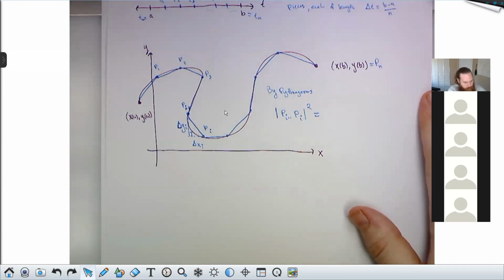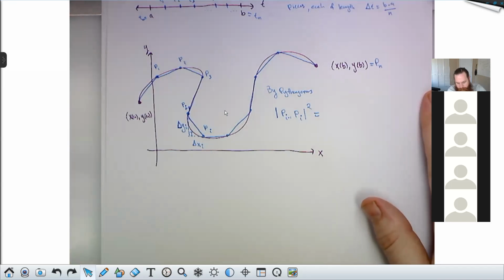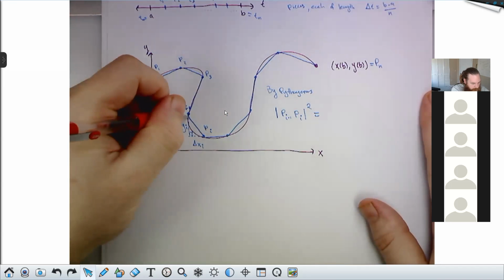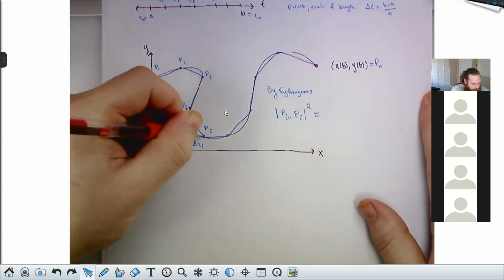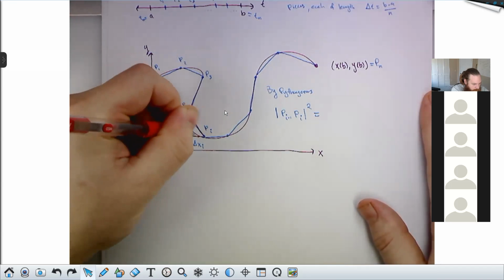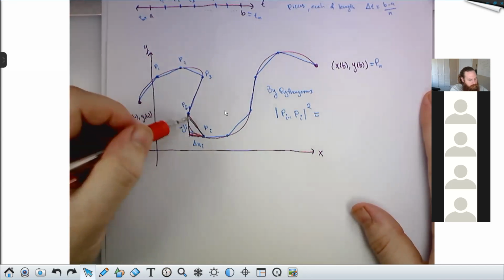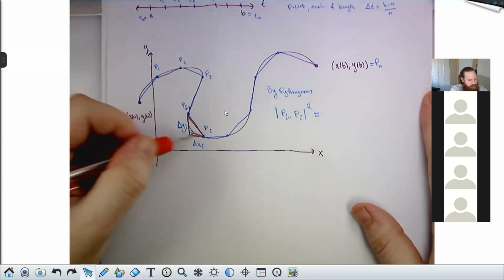Maybe I can come in with some more color. Purple. Right, if you look at this little right triangle, then you see this squared has to be this squared plus this squared.